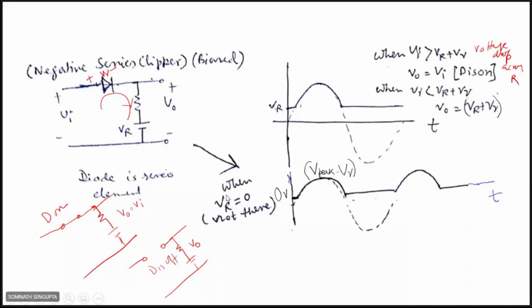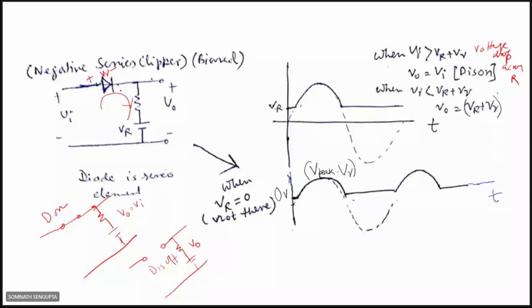But what happens if VR is equal to 0? If VR is equal to 0, it is a simple half wave rectifier circuit. When the diode remains on, it reduces the input voltage by the V gamma amount.